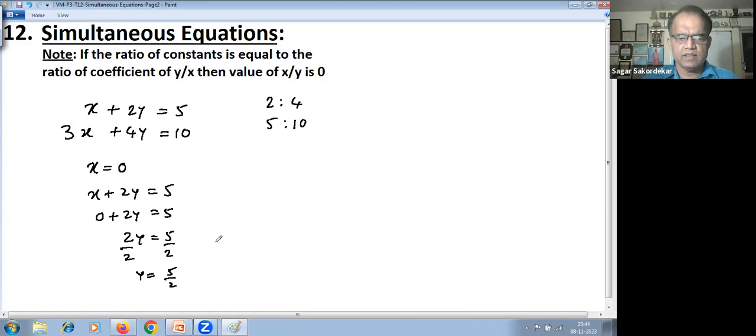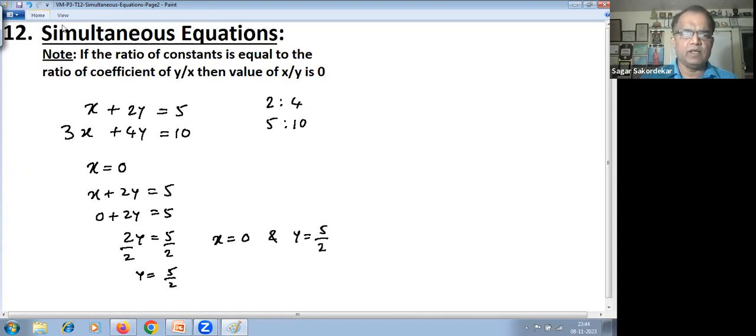So the final answer is x equal to 0 and y equal to 5 by 2. Once you know that these ratios are set, x equal to 0, and y equal to 5 upon 2.